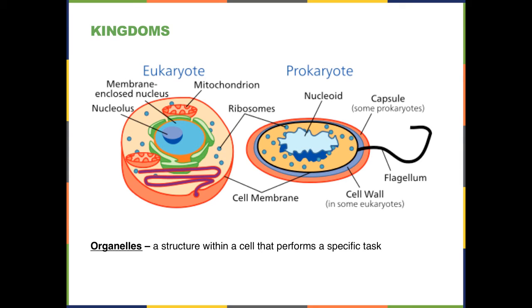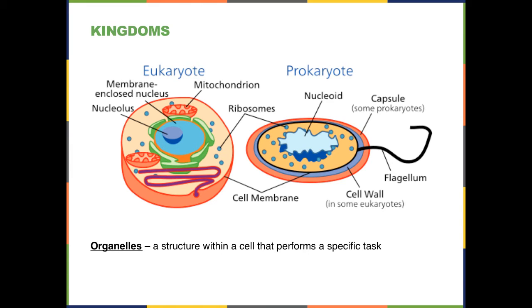Before we can talk about prokaryotes versus eukaryotes, we have to understand something known as an organelle. An organelle is a structure within the cell that performs a specific task. On the left, the eukaryotes have organelles, and you can see that the mitochondrion, the nucleolus, and the nucleus are labeled, and we'll talk about this in more detail next week.